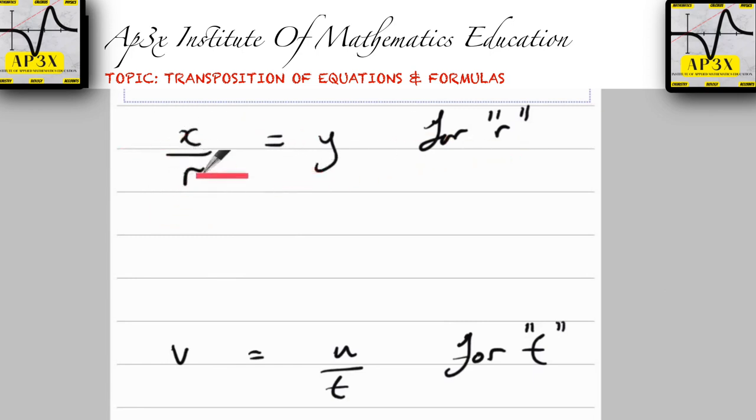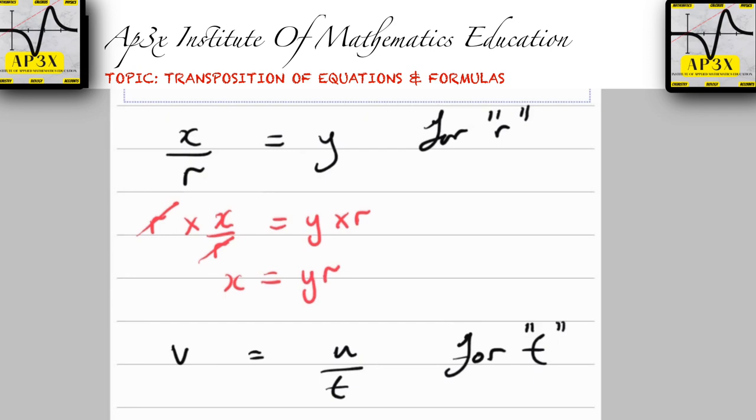So here, even though I'm looking for R, I'm still going to multiply both sides of the equation by R. What's going to happen is that I cancel the R from the left side, and it lands on the right side of the equation. So we end up here with YR.